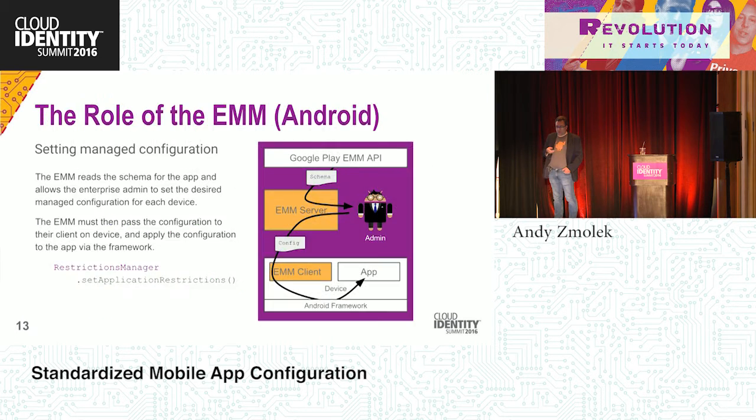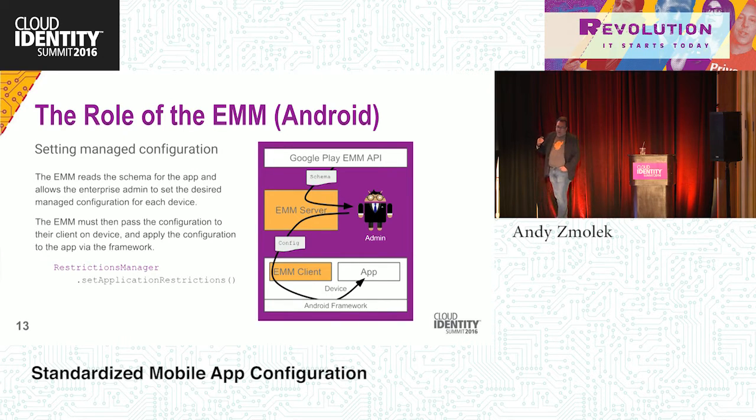And relatively straightforward. So in order to understand how all the pieces come together on this, I've got this diagram. The enterprise mobility management supplier is using an API to be able to query what these schema are directly from Google Play, because of course we've got those schema from each Android app, which has the schema in its manifest.